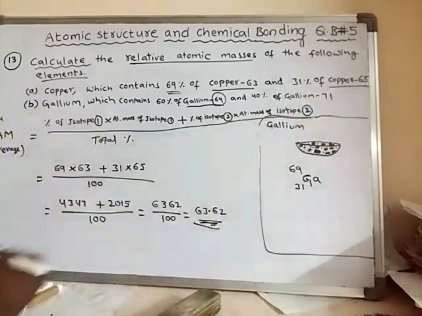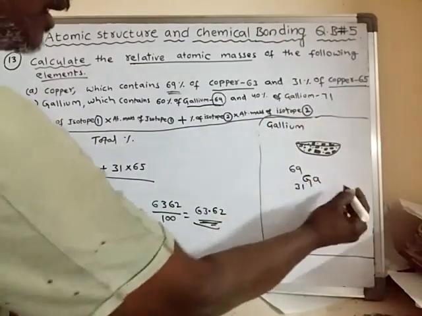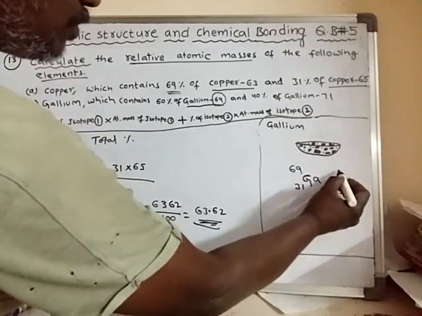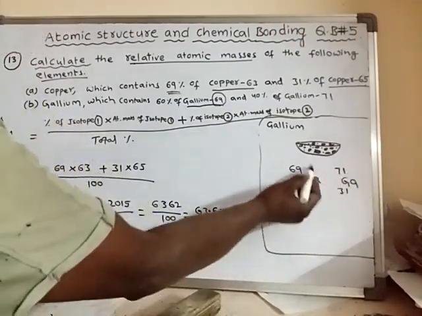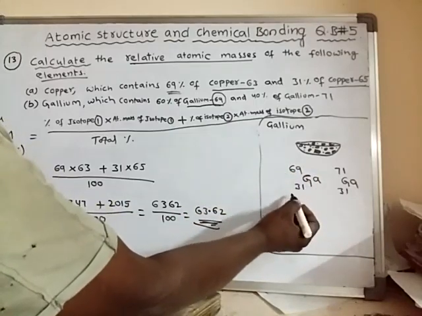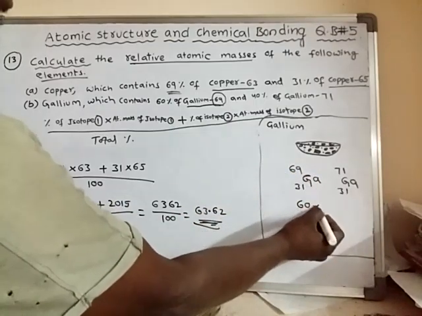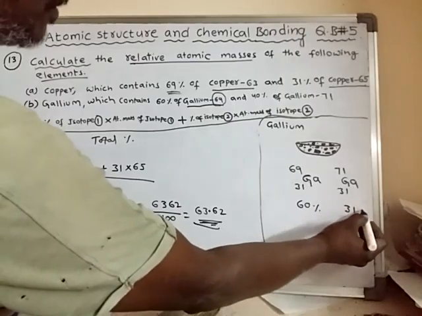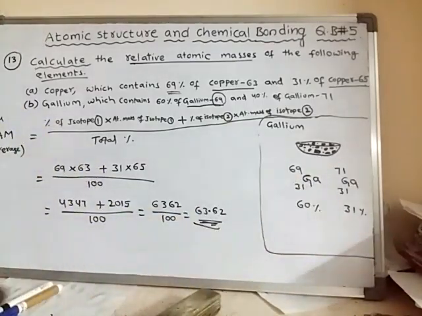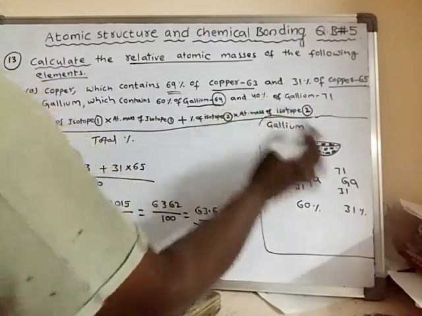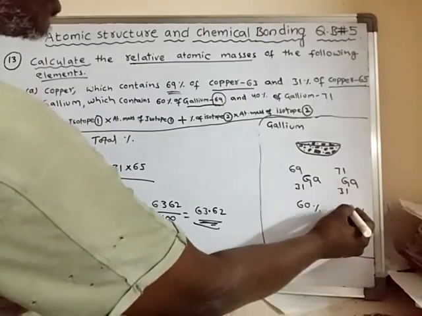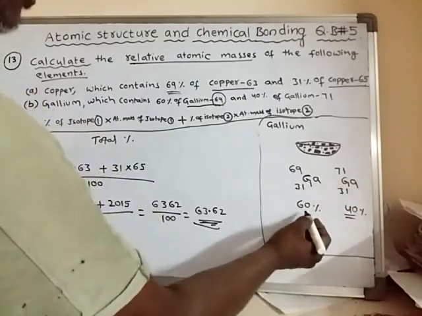So there is another type of gallium atom whose mass is 71. These gallium atoms are present in 60%, whereas these gallium atoms are present only in 40%.